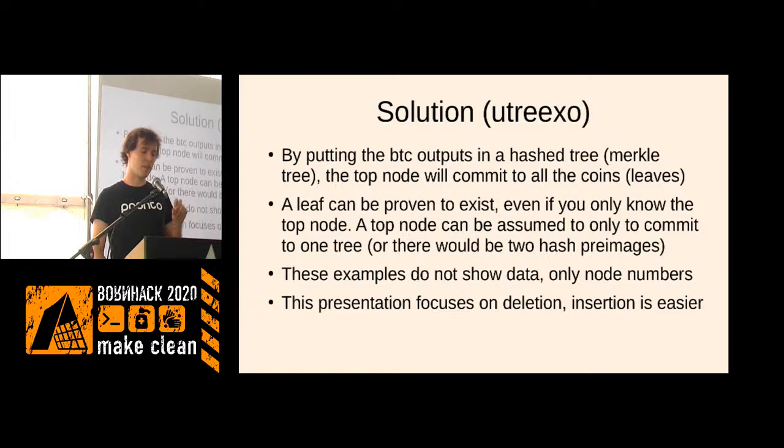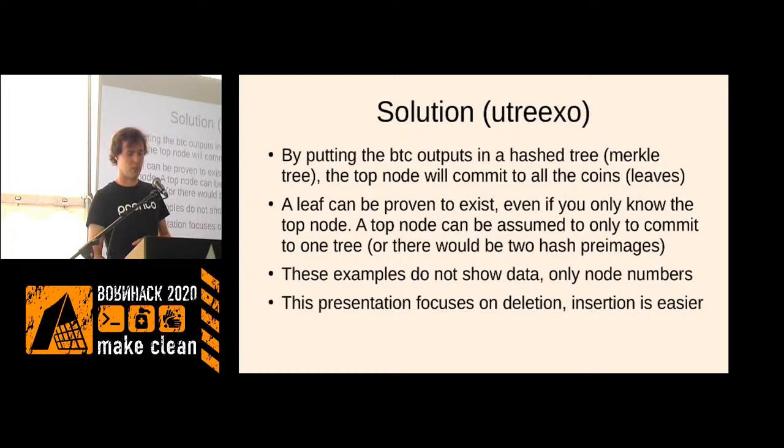You provide some hashes down the tree, and because the top node is committing to everything in the tree, and hashes are made in a way so that you cannot have 2 different sets of data that hash to the same thing. That's an assumption of the hash, even though it's not actually true, we can assume it to be true.